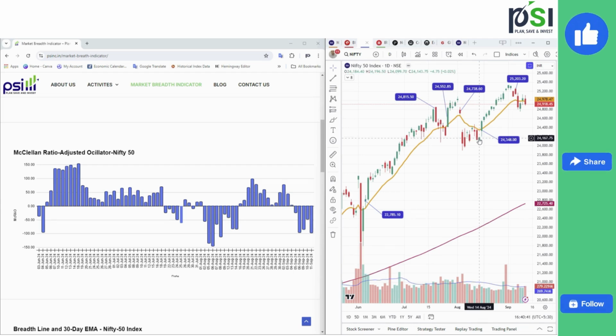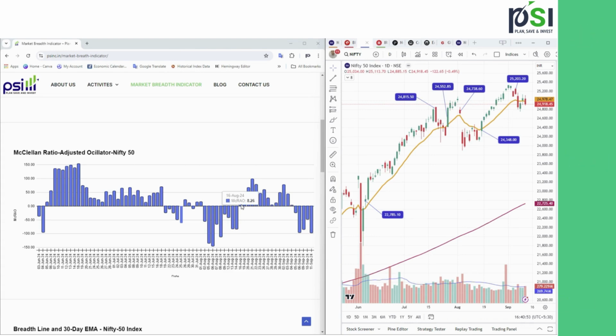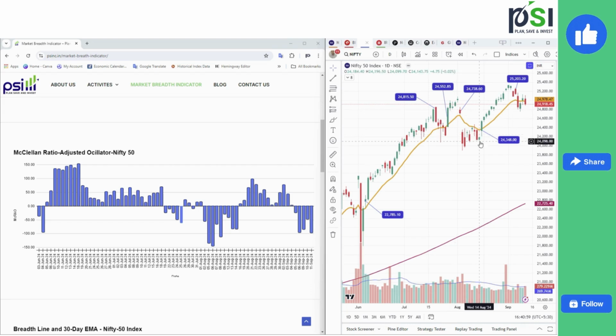I would have made a profit of around 600 points on Nifty, because you can see the macro on 2nd August gave me a sell signal, and then a closing signal on 16th August, that is here. So I would have captured almost 500 to 600 points within this trade.